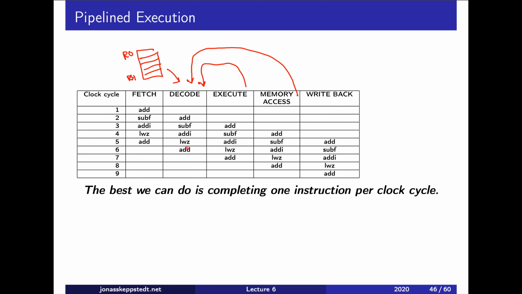And when it wants R7, it cannot get it from here because the load will have read the value from memory at the next clock cycle when the load is here. So there is nothing the add can do except wait. So in the next clock cycle, the add will still be here, and that one will not exist. And so in the next clock cycle, it can get there and there, etc.